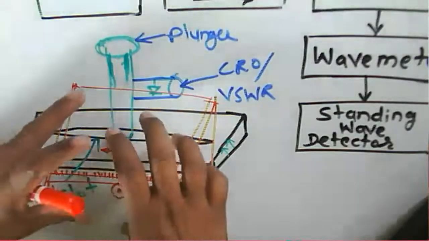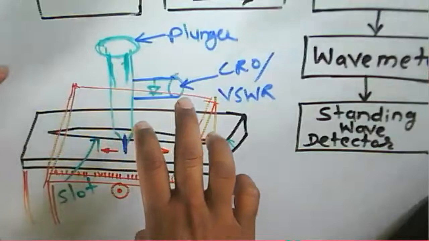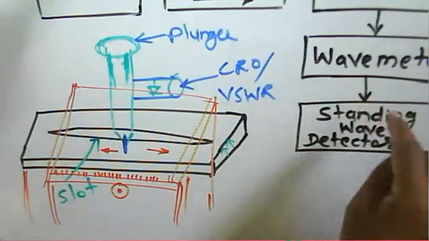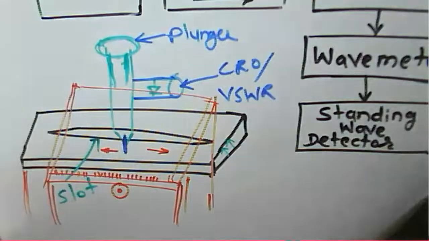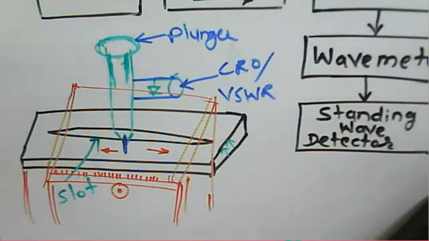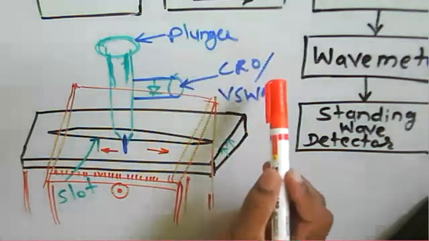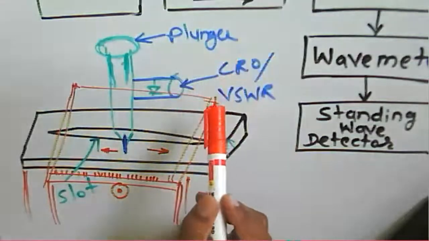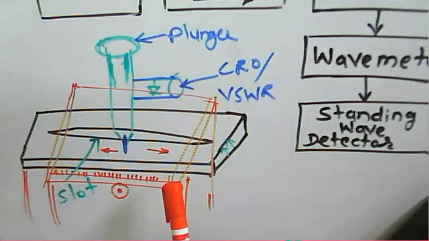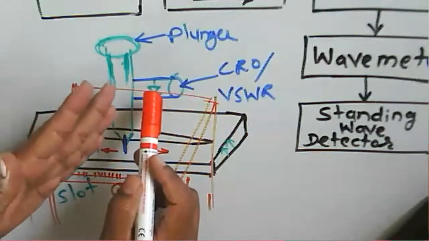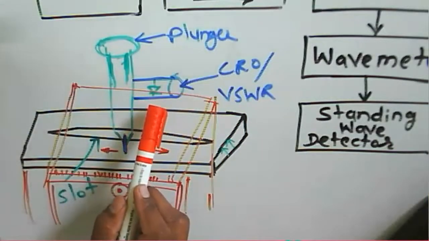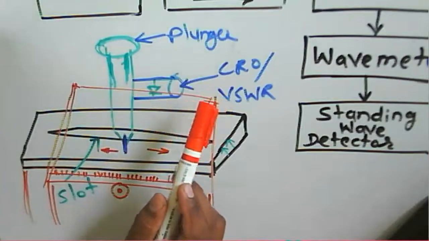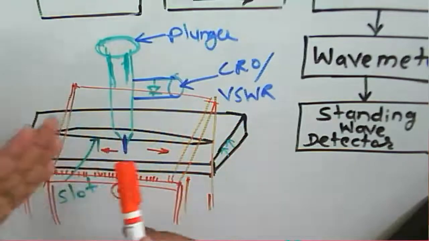We are supposed to connect this slotted section probe carriage after the wavemeter here, and that slotted section probe carriage is used to measure whatever voltage or signal is present there. If we are using a CRO now, on the CRO we see whatever signal is detected by this detector diode, because power is propagating.